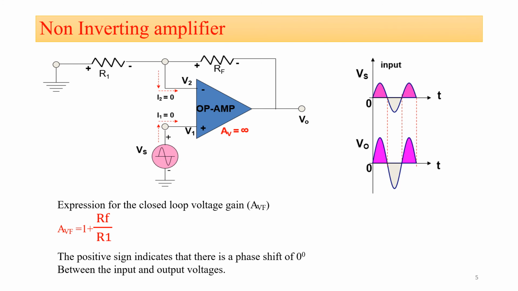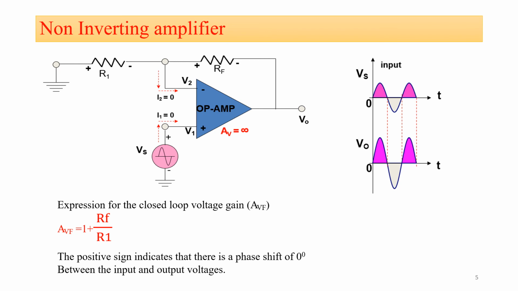So your output voltage will be equal to 11 volt. As your input voltage is 1 volt and you are getting an output voltage of 11 volt, this indicates you are getting an amplified signal, and this signal is 0 degree in phase. That's why this type of amplifier is called a non-inverting amplifier.